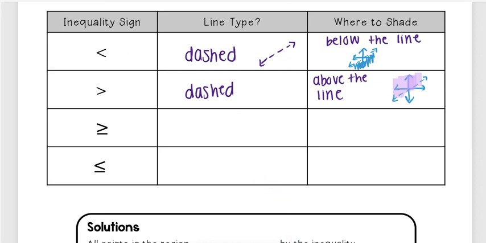So those are for the greater than and less than. They're both dashed lines. But now for the greater than or equal to and the less than or equal to, those are both going to be solid. So they're going to look like our normal lines that we've been graphing here.